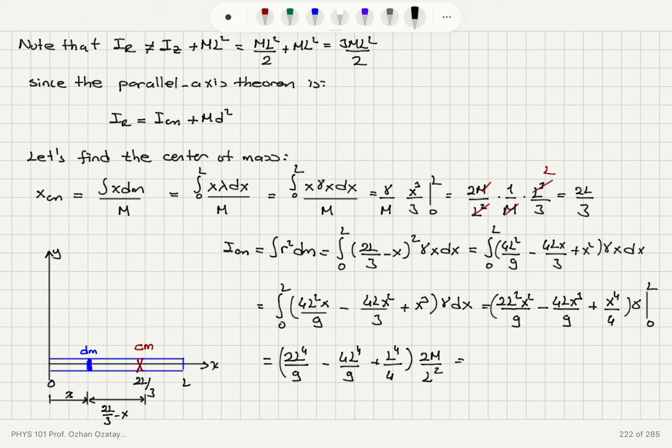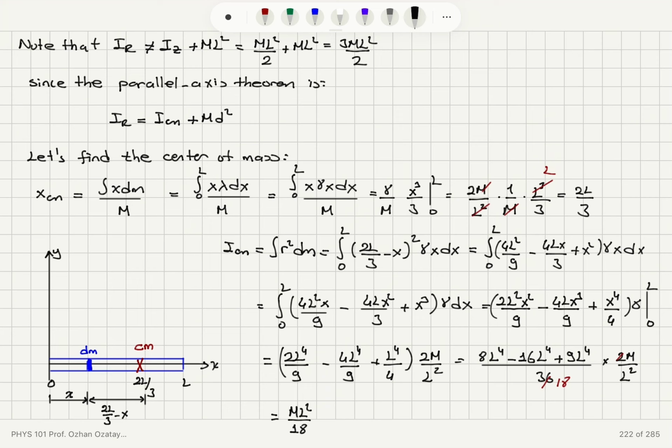So I have 8L to the 4 minus 16L to the 4 plus 9L to the 4, divided by 36, multiplied with 2m over L squared. So this gives me an answer, because 2 will make this 18, and I have 8 plus 9, 17, minus 16, 1. So this will become mL squared over 18.